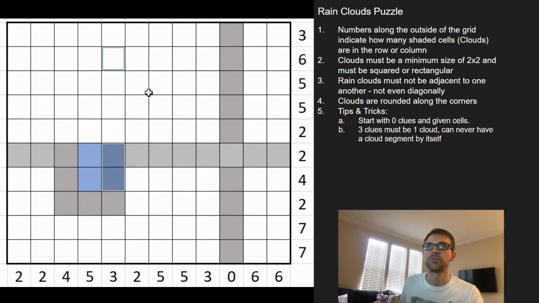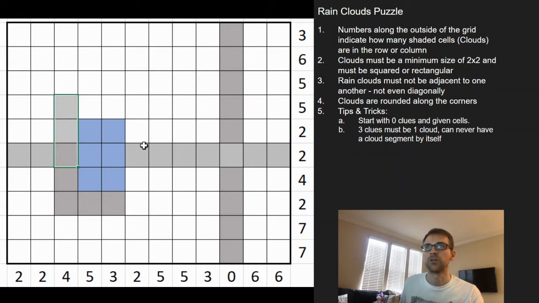So threes are really important because now we know all of a sudden this third cloud segment is here. It can't be anywhere else. Anytime you have a 3, it has to be part of the one cloud. So because we know that that is a cloud segment, we know that this one's a cloud segment just to the left of it, because again, you can't have a shape that's not squared. And we know that this is no more than 2 wide.